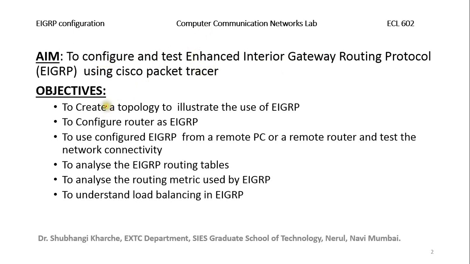The objectives include the following: to create a topology to illustrate the use of EIGRP, to configure a router as EIGRP, to use configured EIGRP from a remote PC or a remote router and test the network connectivity, to analyze the EIGRP routing tables, to analyze the routing metric used by EIGRP, and to understand load balancing in EIGRP.